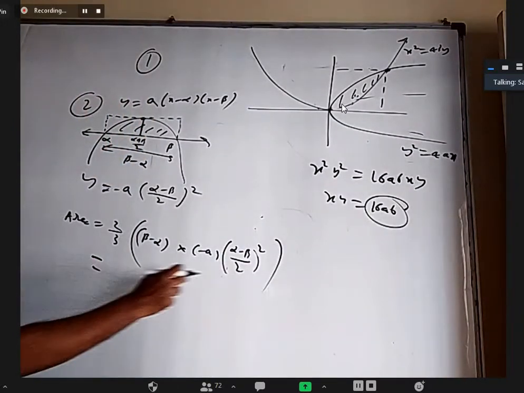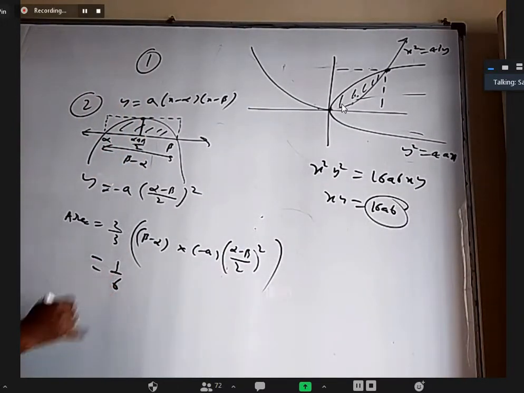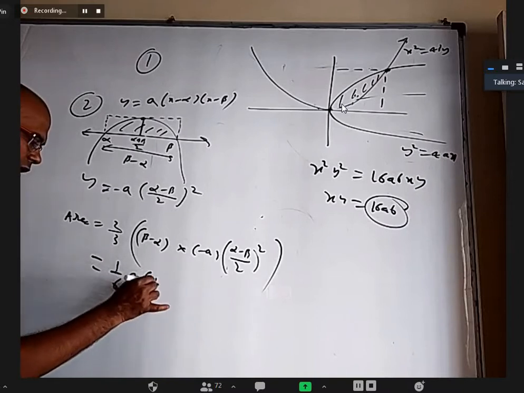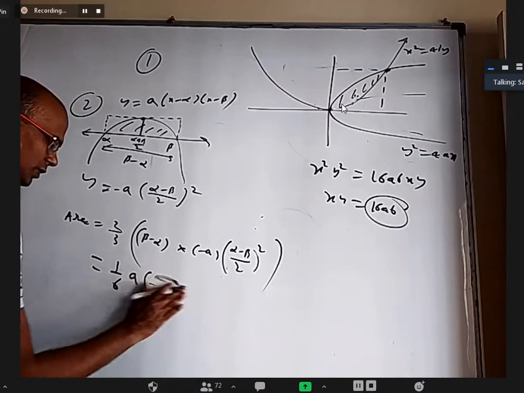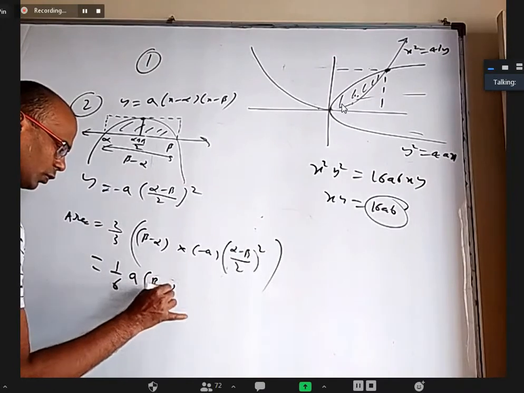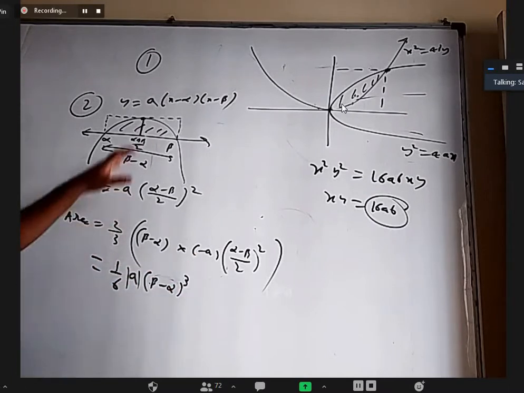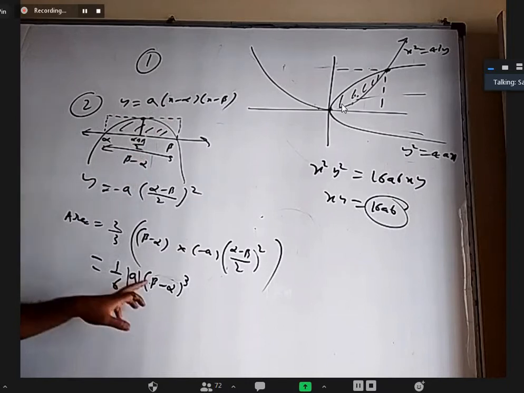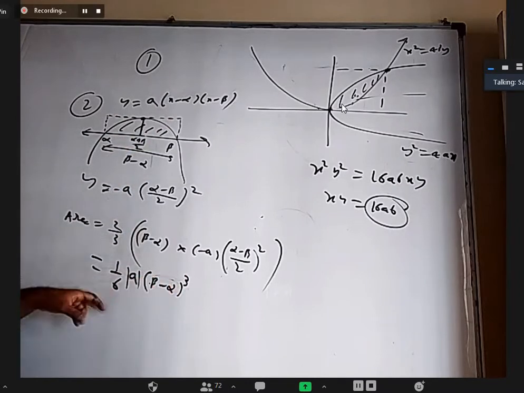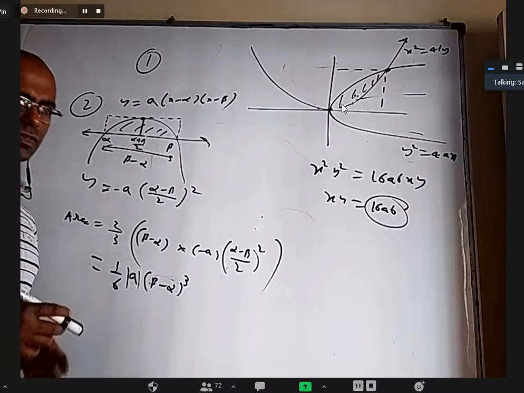So 4 will come, 1/6 of a into alpha minus beta or beta minus alpha, doesn't matter, whole cube. I'll just put a mod to make it positive, because minus a is there. So if a is not there, you can remember difference of the roots, beta minus alpha whole cube by 6, into mod a.